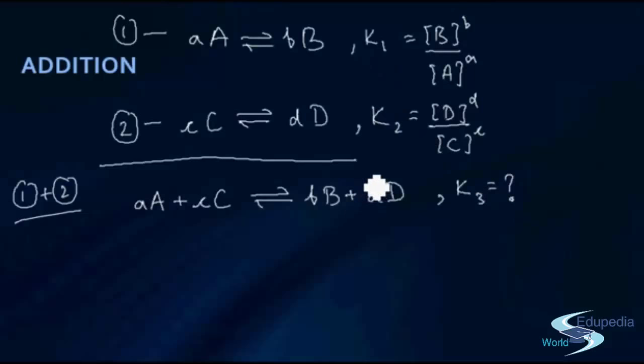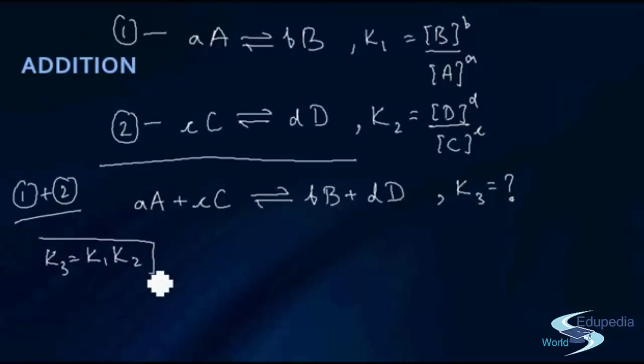The law says that whenever two chemical reactions are added, their equilibrium constants get multiplied. That is, if this is my resultant reaction on addition of reactions 1 and 2, then K3 will simply be equal to K1 multiplied with K2.